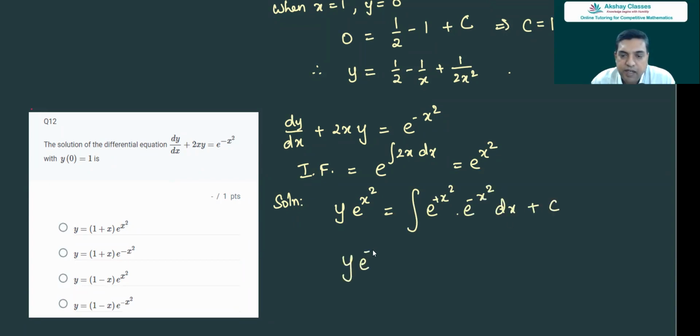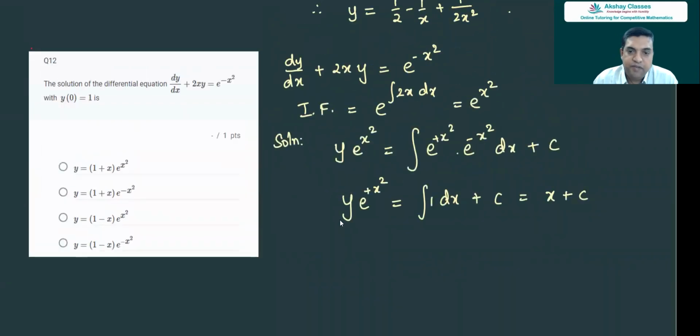So this is y e power x square equals integral 1 dx plus c. So it is x plus c. Now given when x is equal to 0, y is equal to 1. That's what is given. y of 0 is 1.